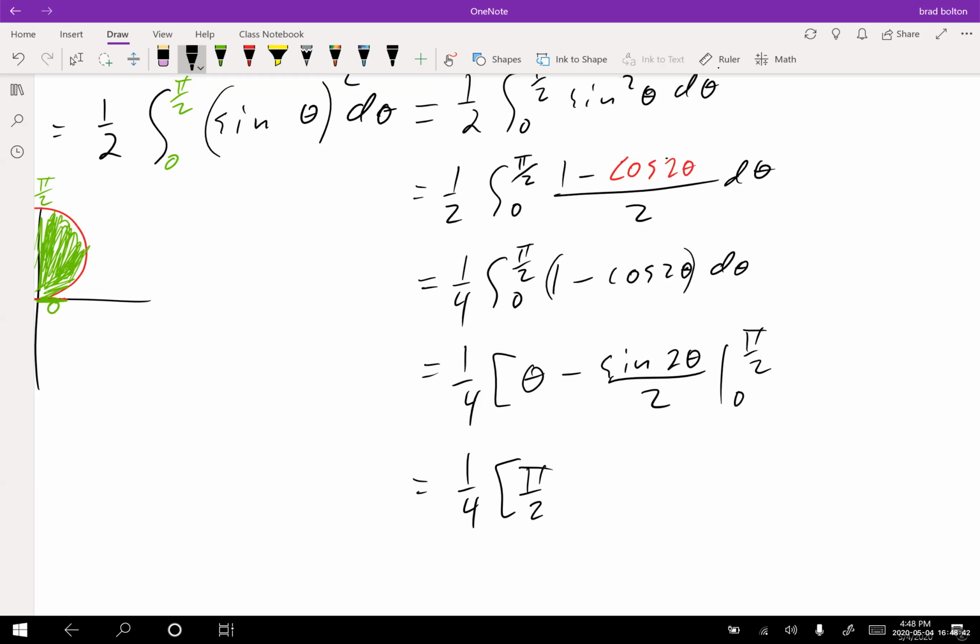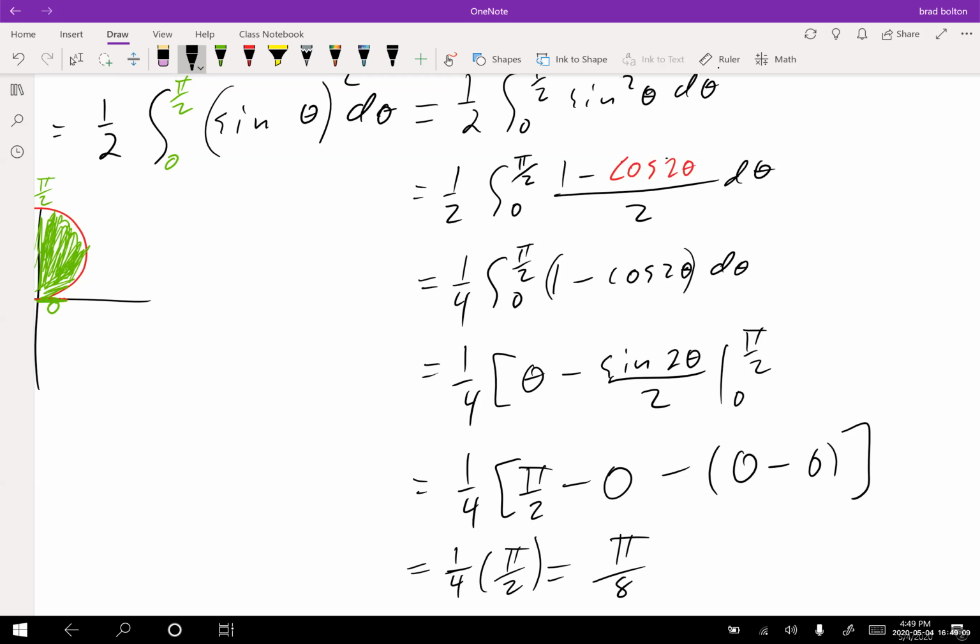I'm just trying to get caught up. Minus the sine of pi over 2 times 2 would be the sine of pi, which is 0, minus 0 minus the sine of 0, which is 0. Okay. So we end up with 1/4 times pi over 2, which is equal to pi over 8.